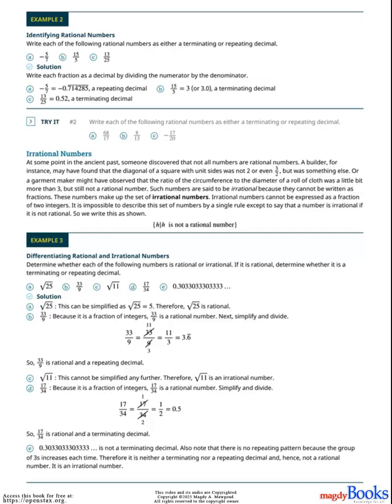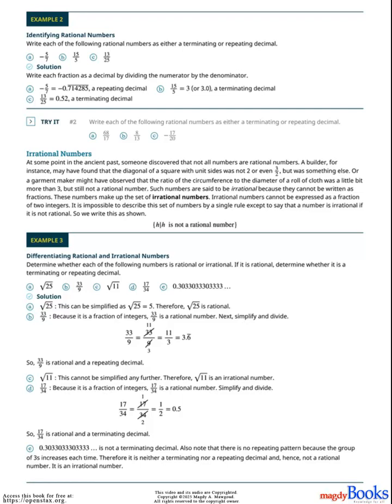Solution. A. Square root of 25. This can be simplified as square root of 25 equals 5. Therefore, square root of 25 is rational. B. 33 over 9. Because it is a fraction of integers, 33 over 9 is a rational number.